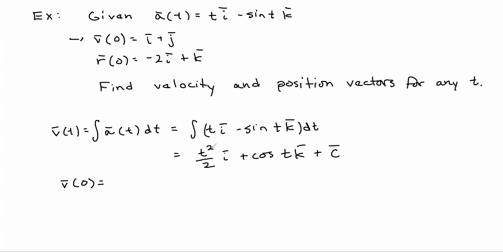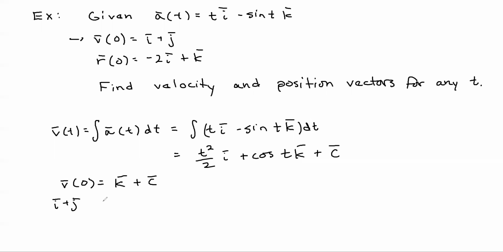So if you plug in 0, what's going to happen here? We're going to get 0i, plus k, because cosine of 0 is 1, and then plus c. And then what else is v of 0 equal to? It's equal to i plus j.